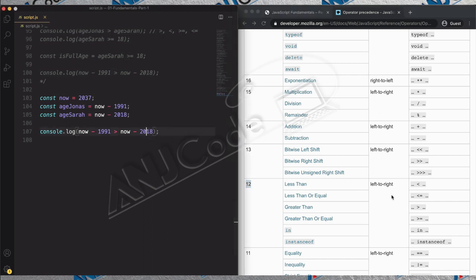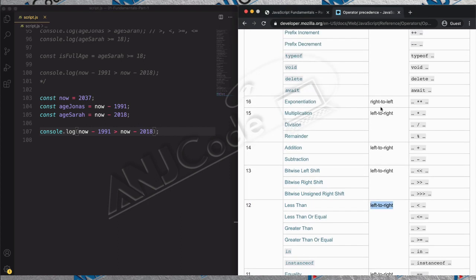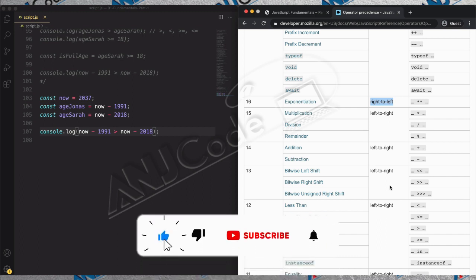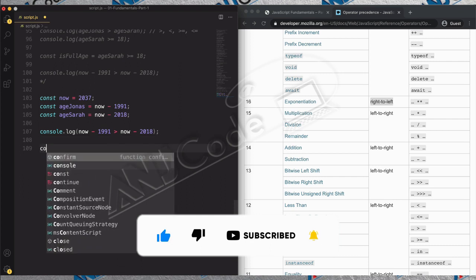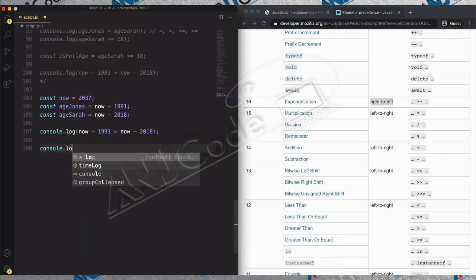Now in this table, we can also see which operators are executed from left to right and which one from right to left. Like, for example, the exponentiation operator is executed from right to left, while most operators, especially the mathematical ones, are executed left to right. For example, let's say we wanted to calculate 25 minus 10 minus 5.